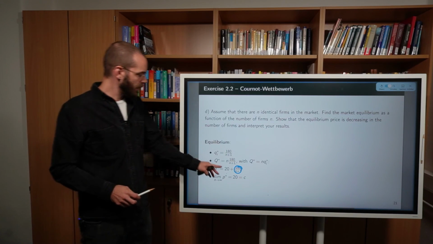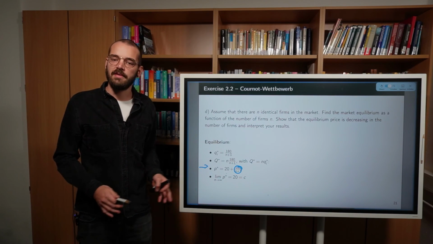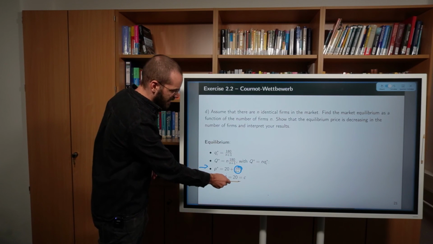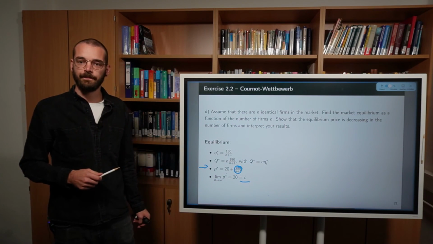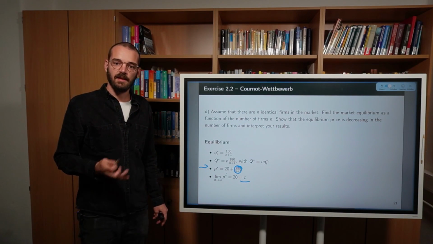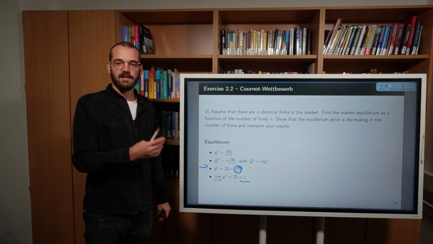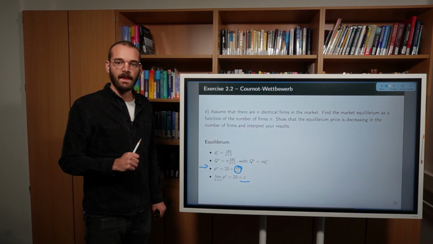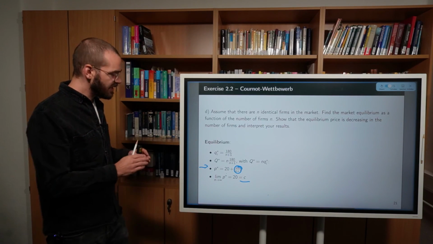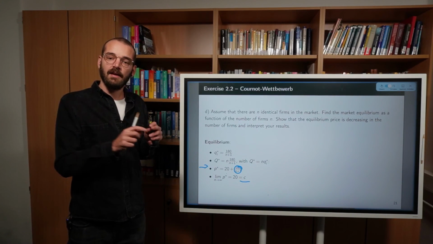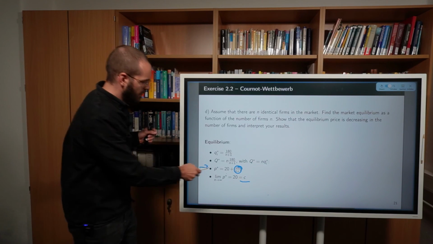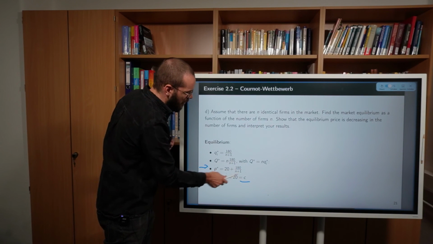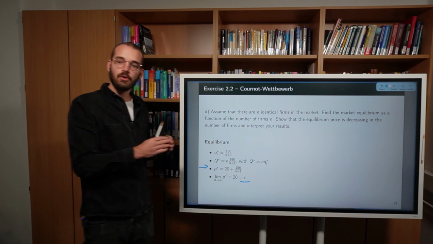Now, this 20 is a familiar number in the context of this exercise, of course, because 20 is exactly the marginal costs. And that is no coincidence. In this generalized result for the Cournot competition with n firms, we will always see that as n increases, this margin above the marginal costs goes towards 0.